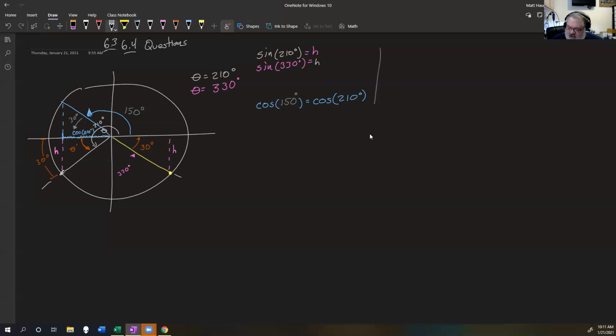We also, of course, need to be able to do this in radians.